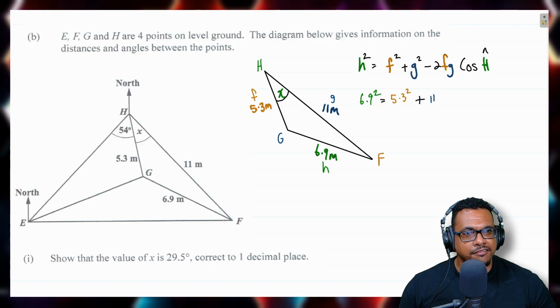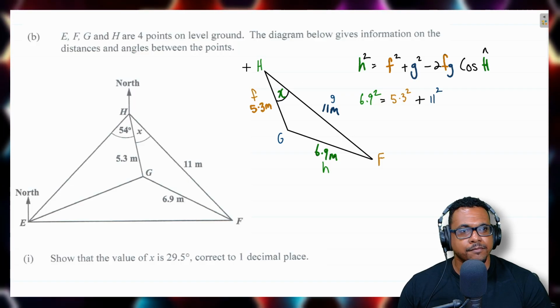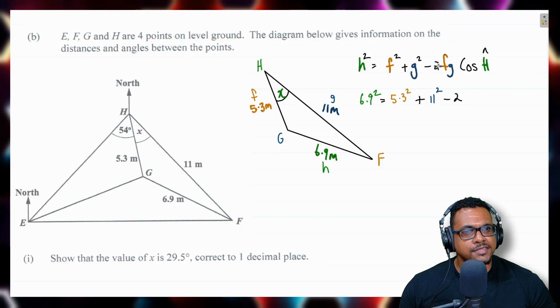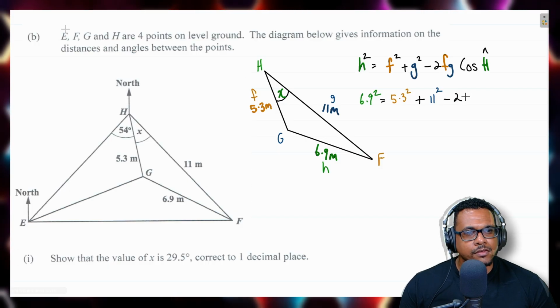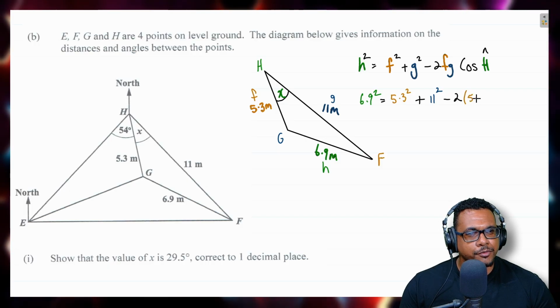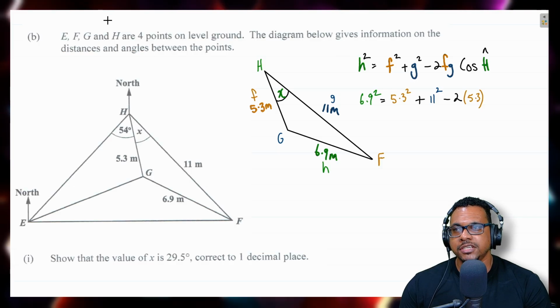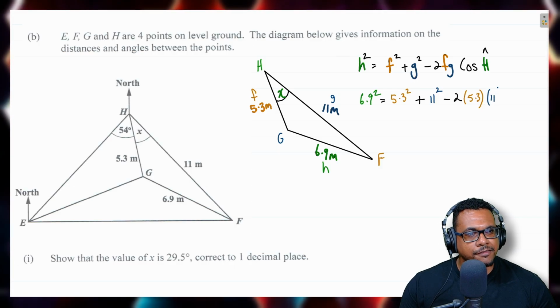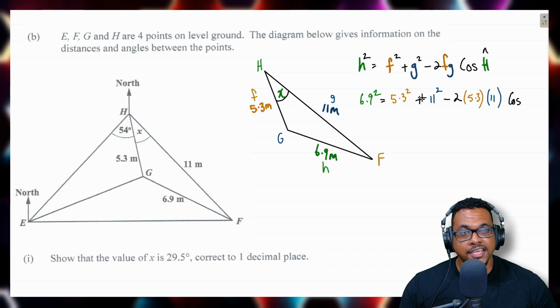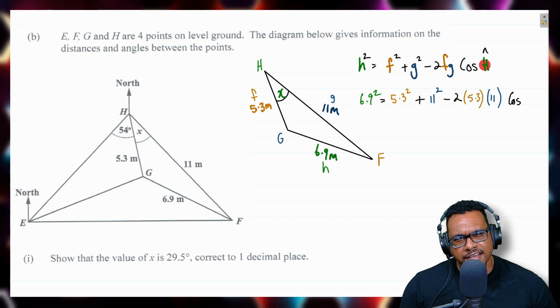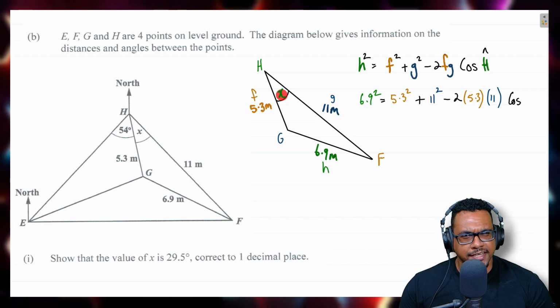So we're going to have 11 squared. Take away 2 times fg. So we're going to have 5.3 here times g, and g is 11. Then we're going to have cosine angle H. And instead of writing angle H, I'll just put the x.